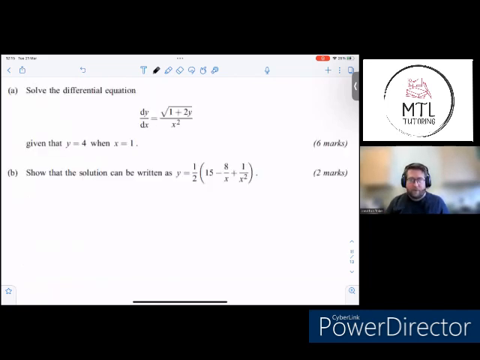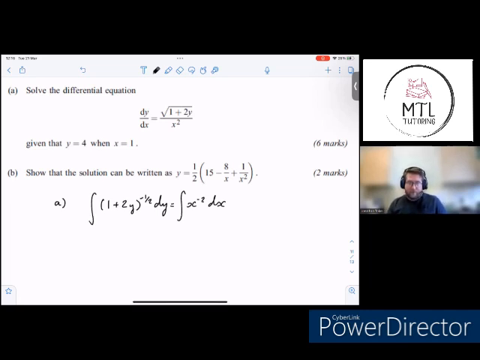And finally, we've got another differential equation. So let's divide by the root 1 plus 2y. If we're dividing by root 1 plus 2y, let's just write that as 1 plus 2y to the minus a half dy equals x to the minus 2 dx.